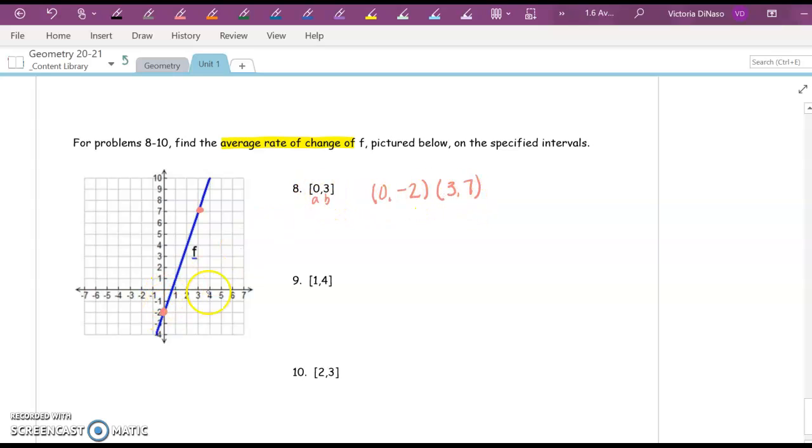We go ahead and plot the point, and then x was 3 and plot the point, and we can figure out what y is. From here, we're going to do our change in y divided by our change in x. So my change in y, we're going up 9. So we have 9 in the numerator, divided by my change in x from 0 to 3. We're going up 3.